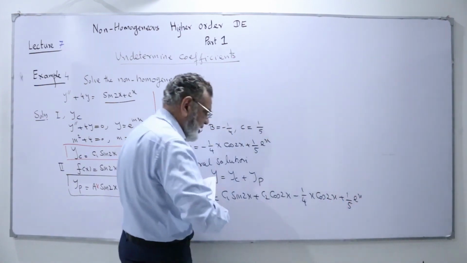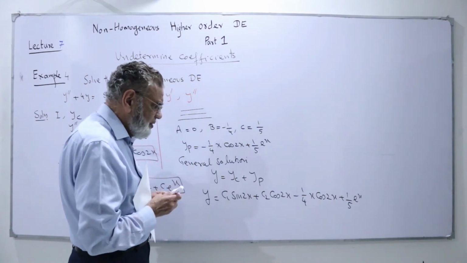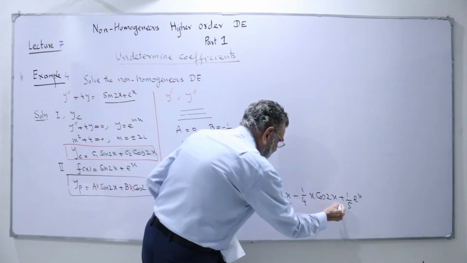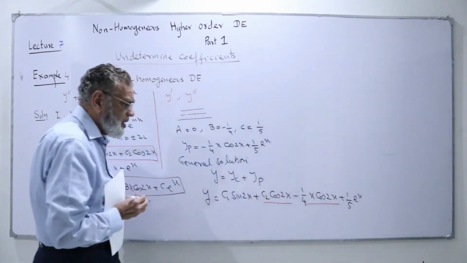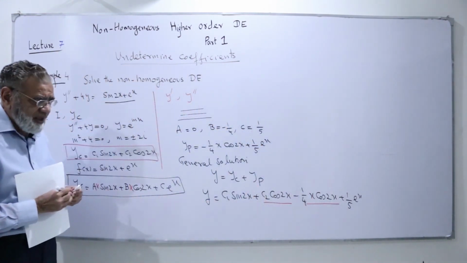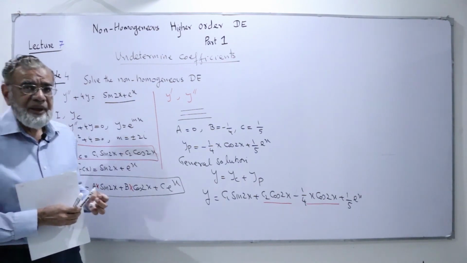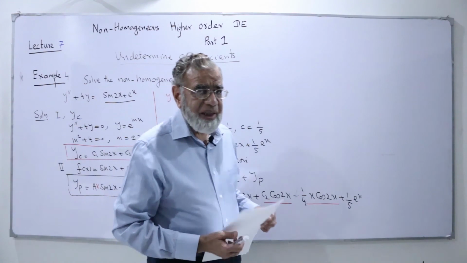Now you can see, especially when you look at these two values containing cosine 2x, because of this x, this is distinct from the first one, and that's why we say we modify our yp and we can write our solution.